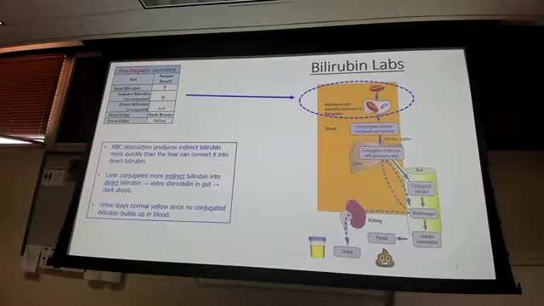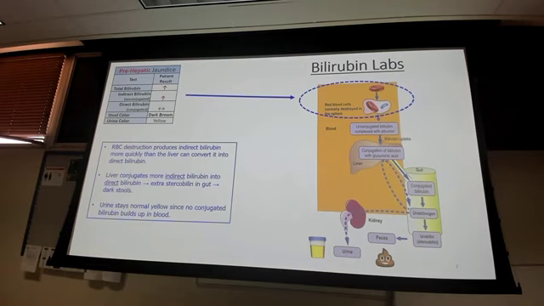It has a limit. So maybe it can normally process 5 molecules of indirect bilirubin, but now we're giving it 10, 20. The liver still works and it's still going to process that, it's just going to take a lot of time. As a result, that indirect bilirubin in the blood is high because it's waiting for the liver to accept it.